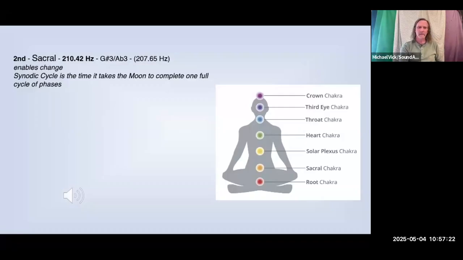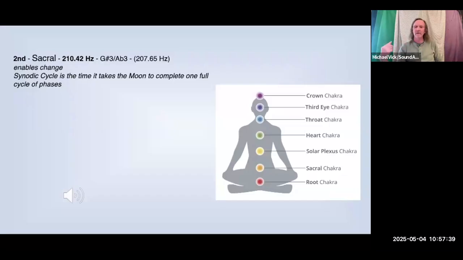And this enables change, but it's based on the synodic cycle of the moon, which is completing one full cycle of phases. So think how the moon goes through its cycles. This is that frequency.